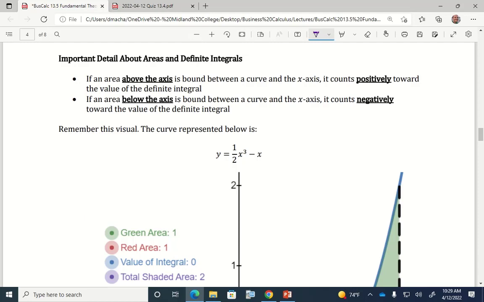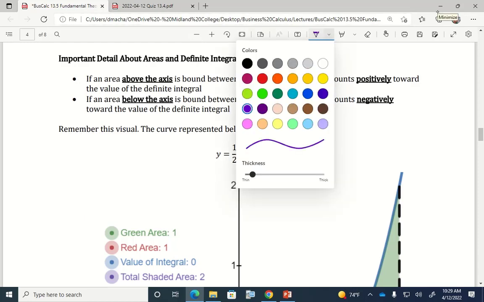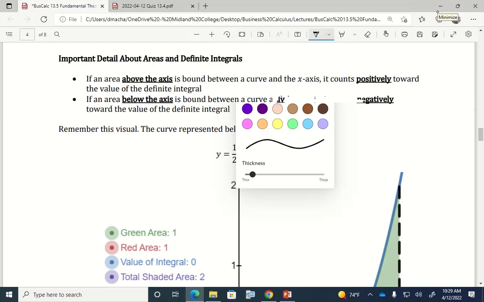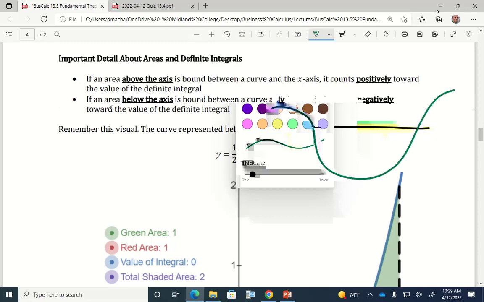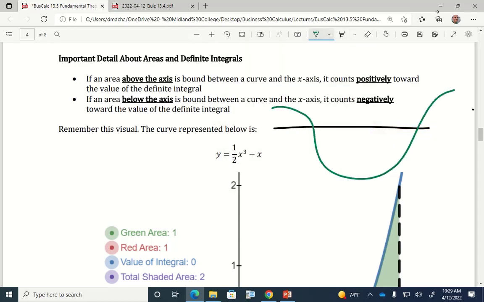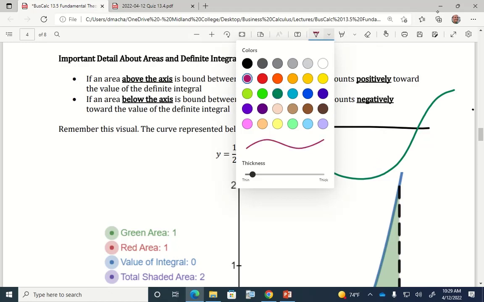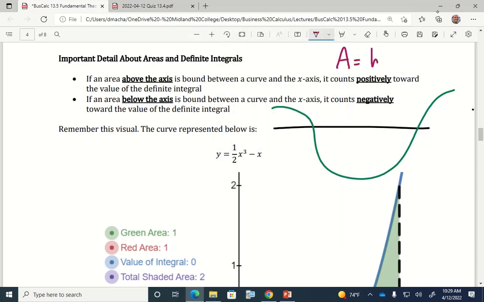And you can imagine this works with Riemann sums too, because in a Riemann sum, you would have your x-axis, and like I said, we're going to talk about some curve that dips below the axis. And so with the Riemann sum, the area is just the height of a rectangle times the width of the rectangle, plus the height of a rectangle times the width, and so on, the areas of all the rectangles.